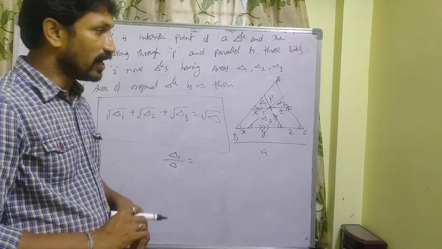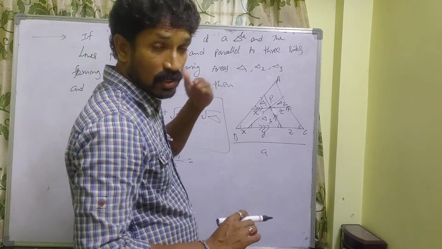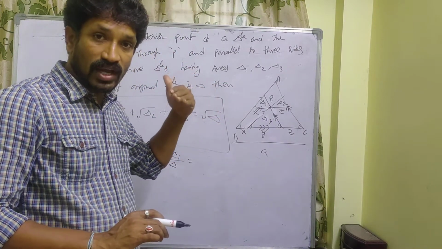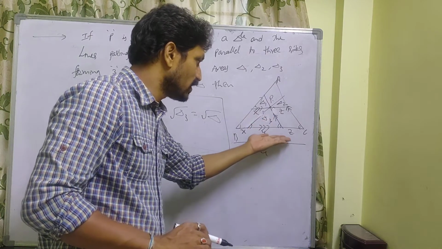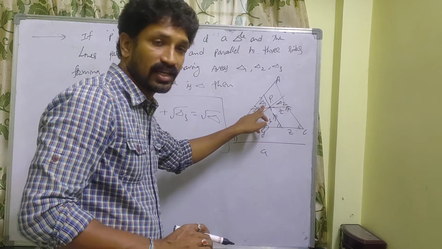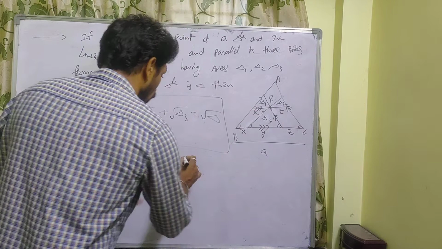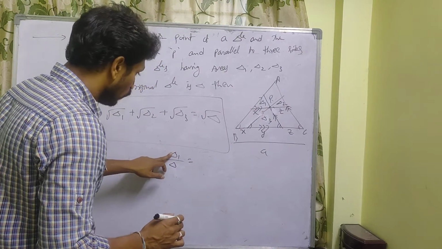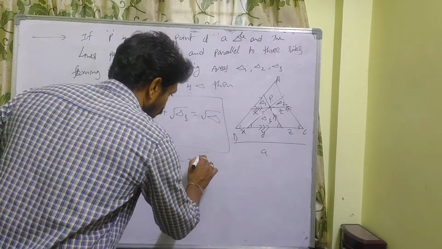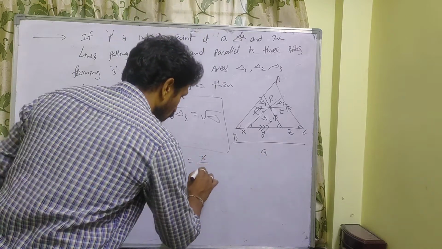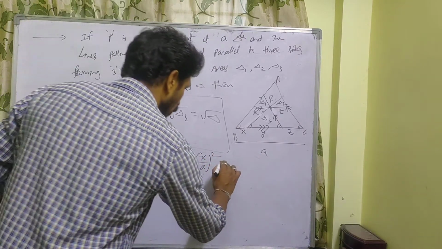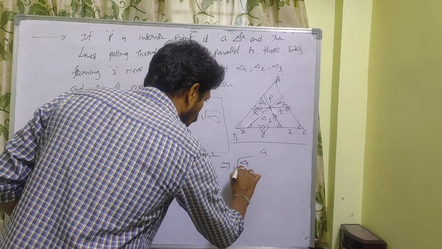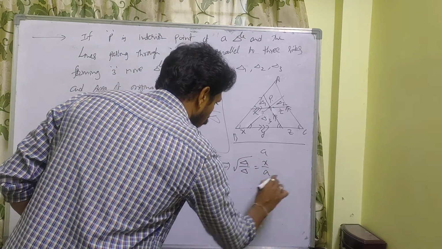So delta 1 by delta is equal to the ratio of the squares of corresponding sides. The original triangle's corresponding side is A. This triangle's corresponding side is X. So for delta 1 the corresponding side is X, and for this one A: X by A whole square. So this implies, the square root of delta 1 by delta is equal to X by A.